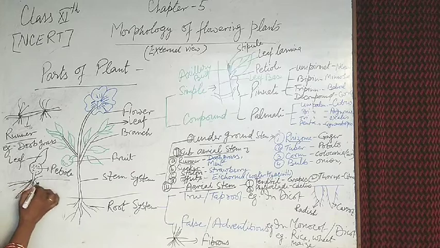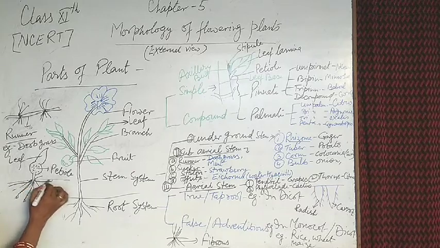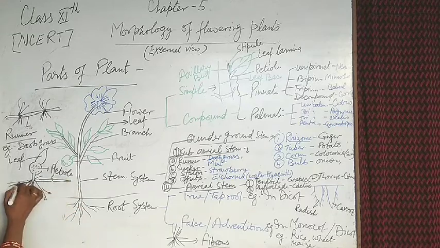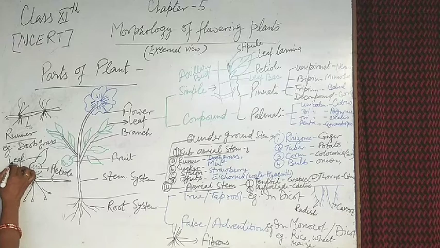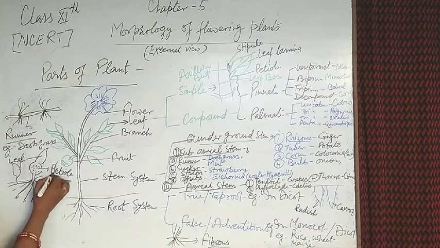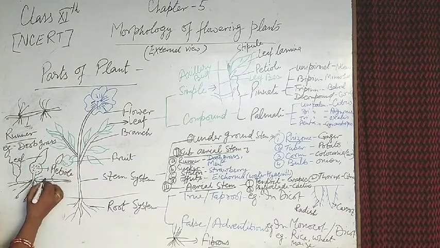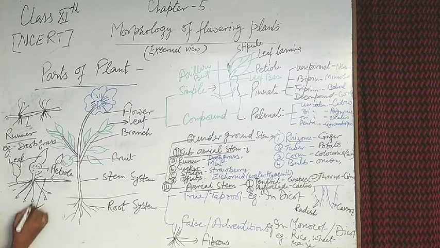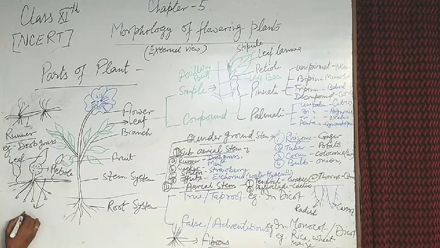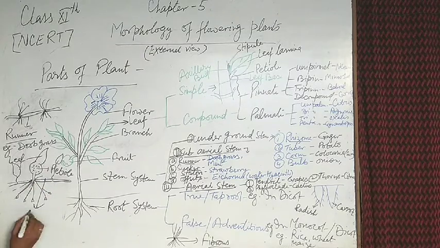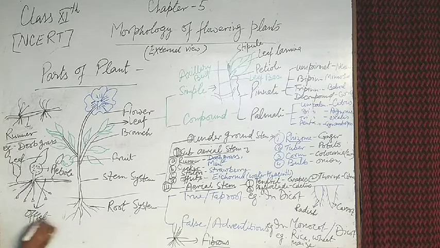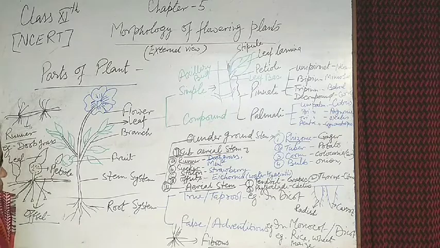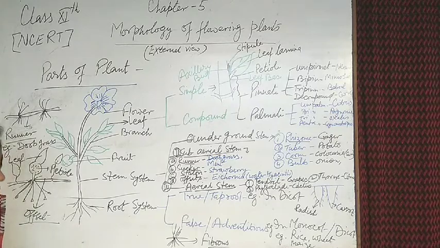The part between the nodes is known as offset. Understand? It is an example of offset, water hyacinth.